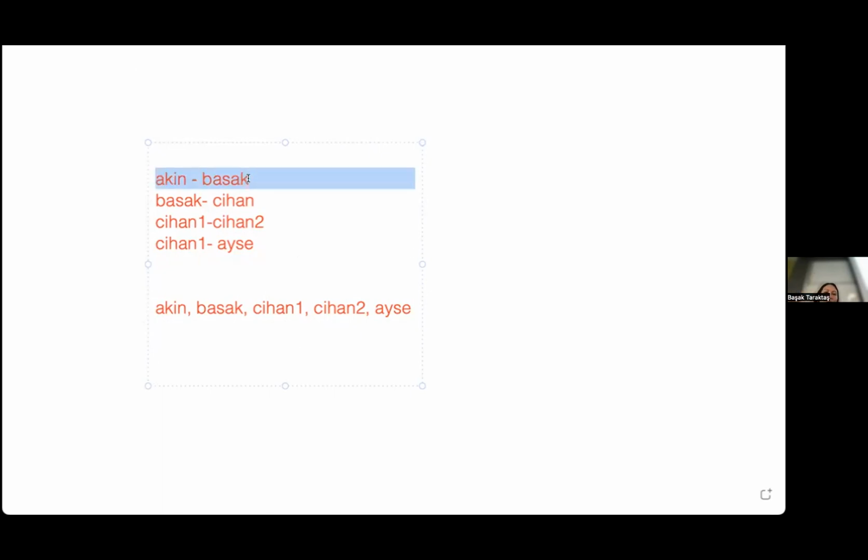If that is true, we shouldn't be likely to observe this, right? And the same applies to this one. Only this might be possible, and we would also observe Cihan 1 and Akın, Cihan 2 and Akın, right? So in one configuration, you would have all these: Akın, Cihan 1, Akın, Cihan 2, Cihan 1, Cihan 2. In another configuration, you wouldn't have any of these.